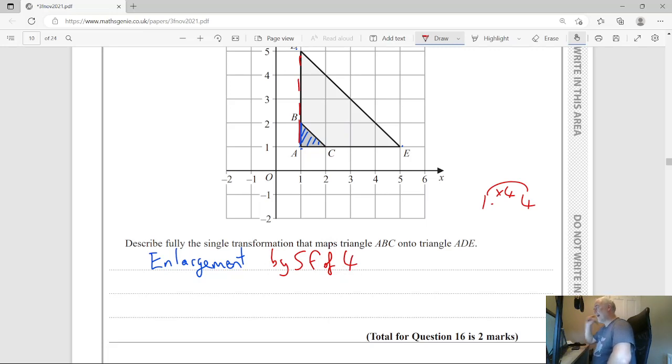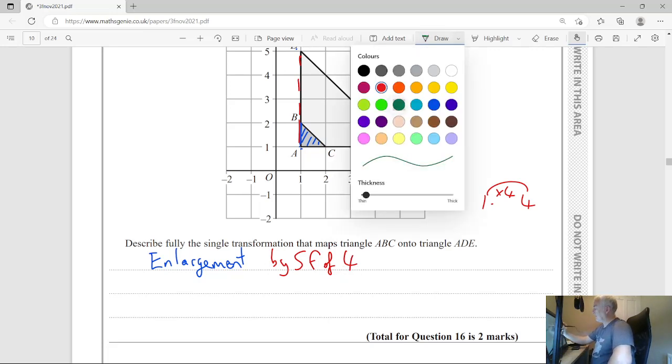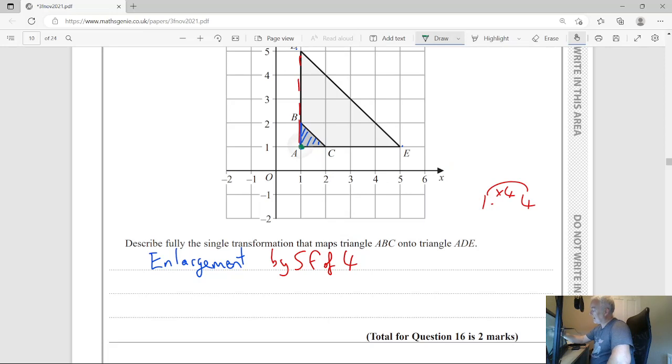And we need to know where it's been enlarged from. If it's overlaid and that point is exactly the same, the corner is in exactly the same place, that's my point of enlargement. So the point of enlargement is 1, 1. 1 along the corridor, 1 up the stairs.